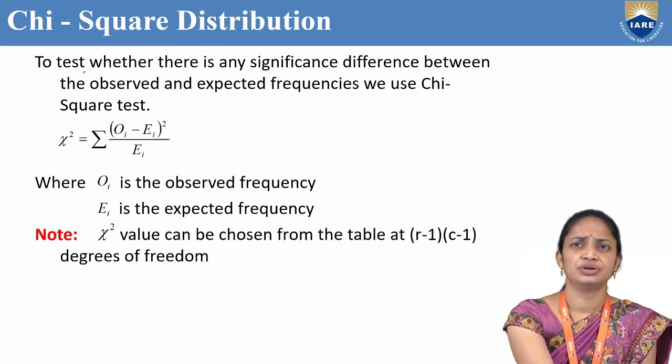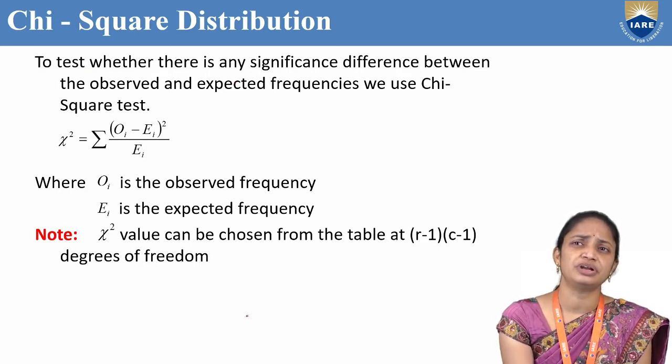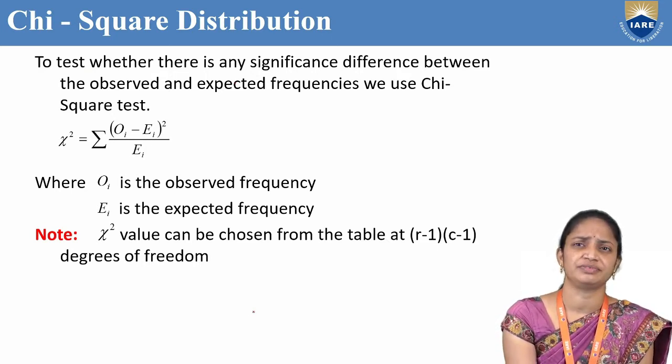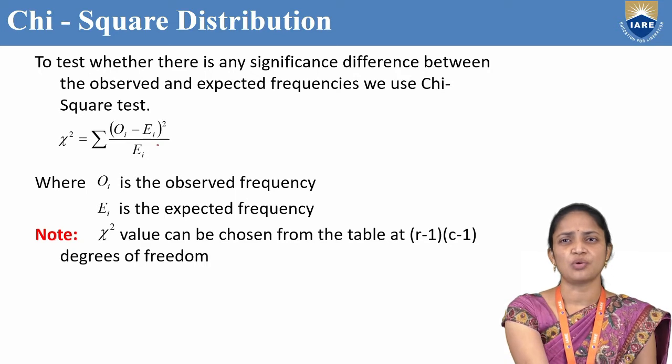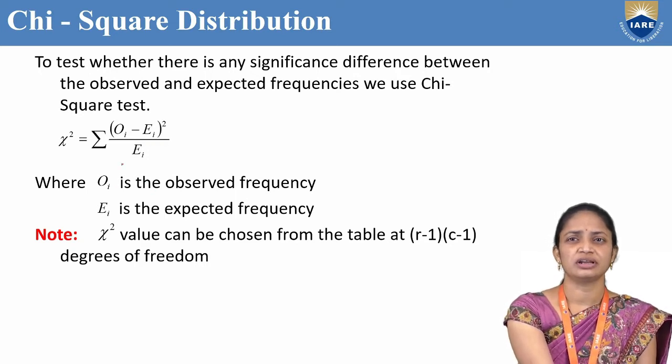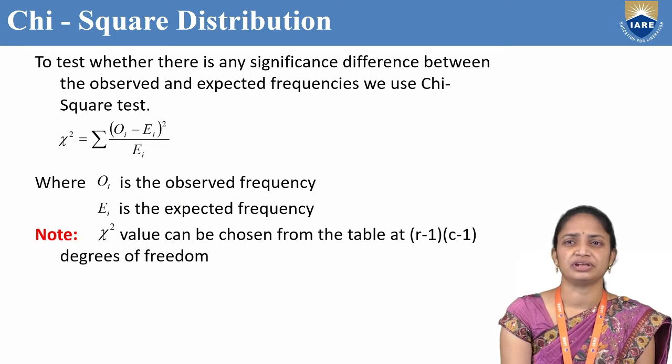Here we have to test whether there is any significant difference between observed and expected frequencies. We use the chi-square test. The chi-square test formula is summation (Oi minus Ei) whole square by Ei, where Oi is the observed frequency and Ei is the expected frequency.